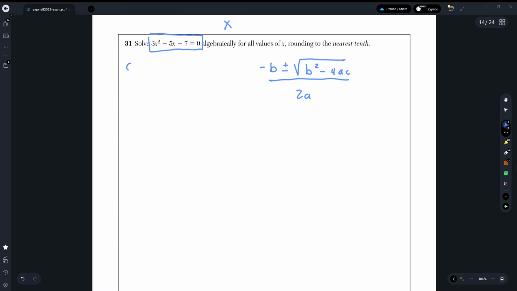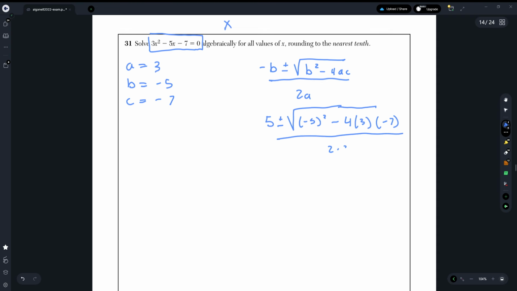Our a value is 3, our b value is negative 5, and our c value is negative 7. So here we have 5 plus or minus the radical of negative 5 squared minus 4 times a, so 3, times c, which is negative 7, divided by 2 times 3.